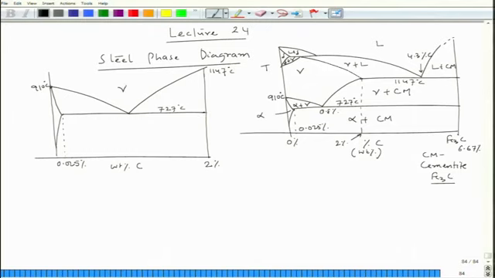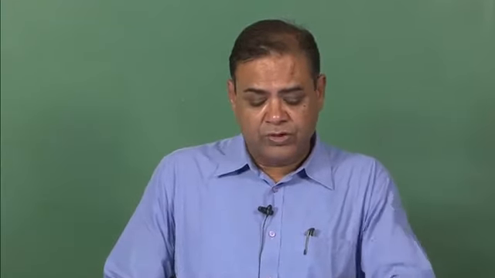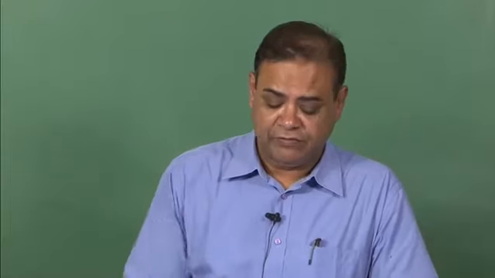This is gamma, this is alpha plus Cm, this is alpha plus gamma, this is gamma plus Cm, and this particular zone is nothing but alpha. Here also, similar to a eutectic system, if we replace those liquid lines with the solid gamma line, and consider alpha and cementite instead of alpha and beta, we get this particular phase diagram, which is called the eutectoid phase diagram.